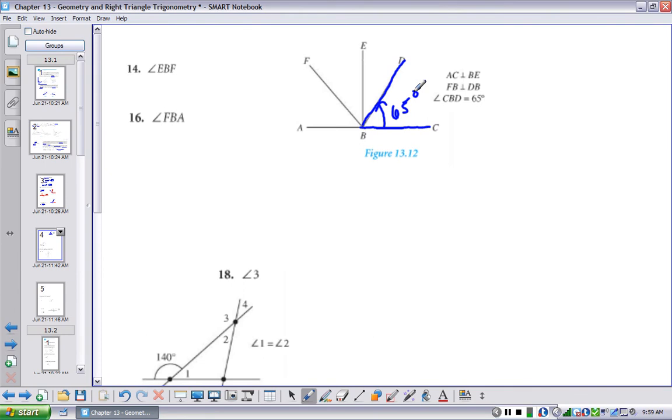They tell us that the line AC is perpendicular to BE, so they make a 90-degree angle. And they tell us that the line FB is perpendicular to DB. So there's a 90-degree angle there, as well as a 90-degree angle there. Okay? And from this, they want us to find the angle EBF.